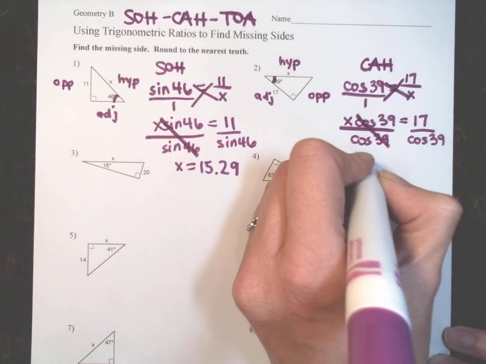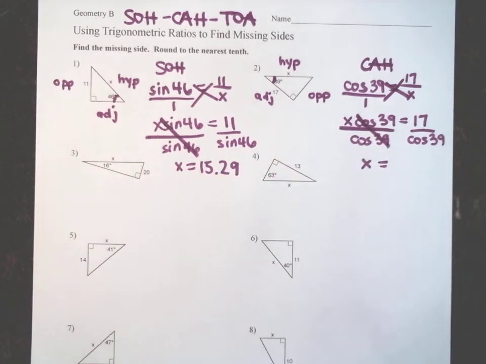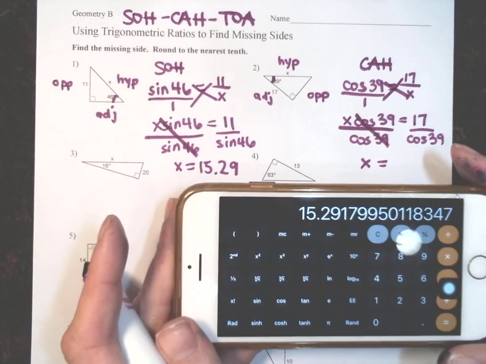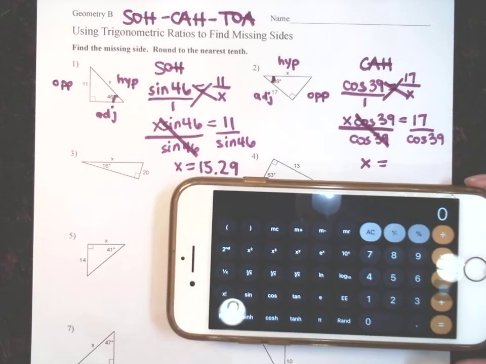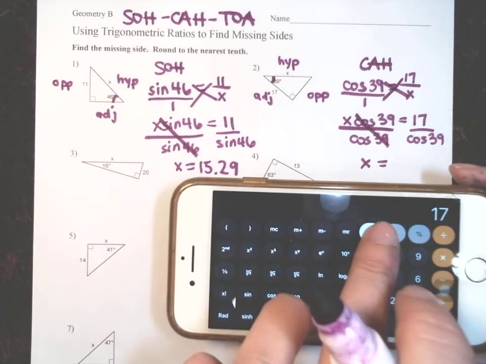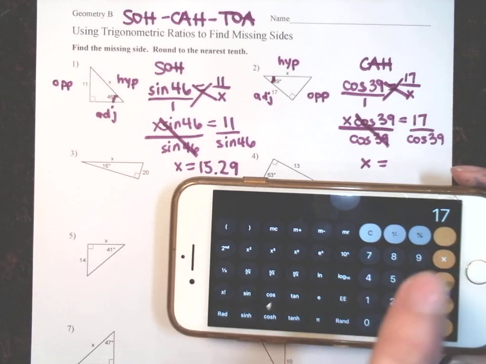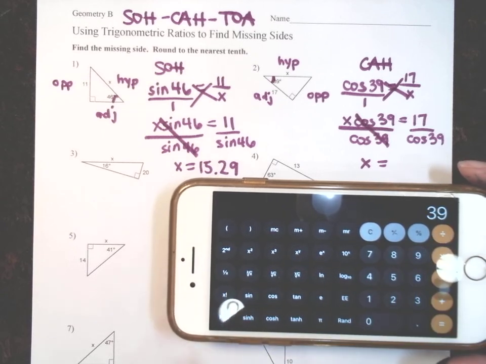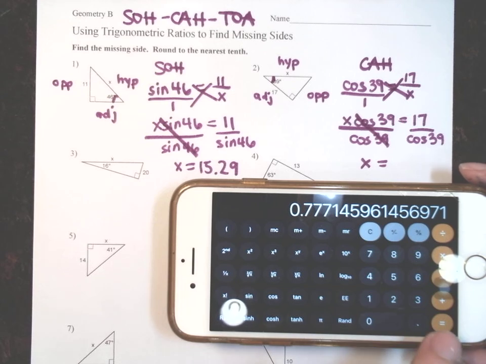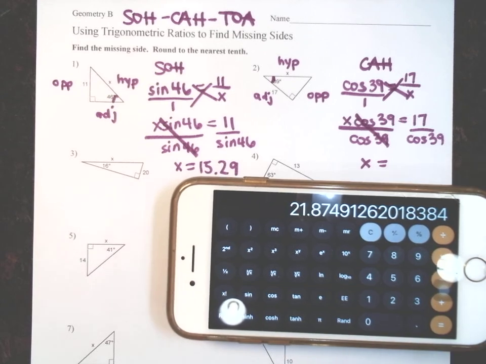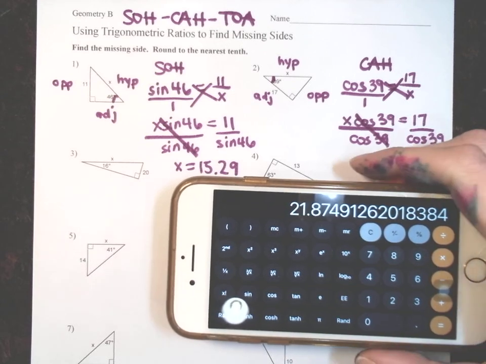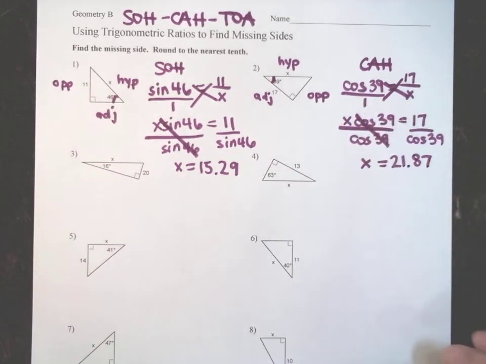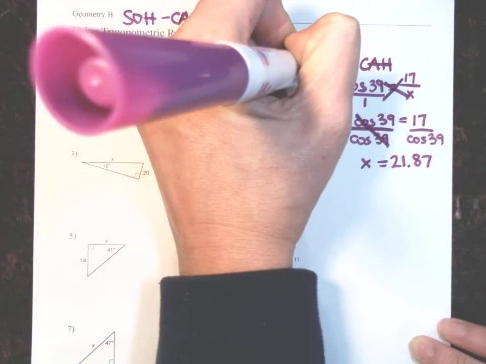Those cancel out, and x equals, let's get our calculator, and we're going to do 17, let me clear it just in case, 17 divided by, we're going to type in the 39 first, and then hit the cosine button, and that equals 21.87. So our hypotenuse is 21.87.